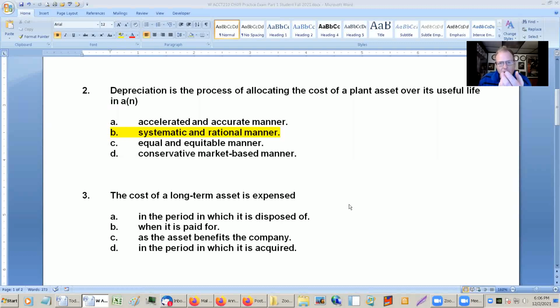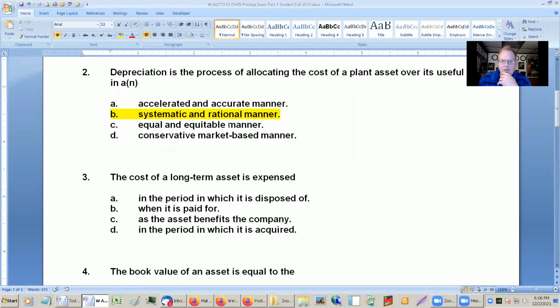It's that way for depreciation. That systematic and rational, it comes up a lot. A system means that it's repeatable, and rational just means that it makes sense. I know that we have all these different ways of doing things, but that really is the rule. It basically has to be systematic and rational.